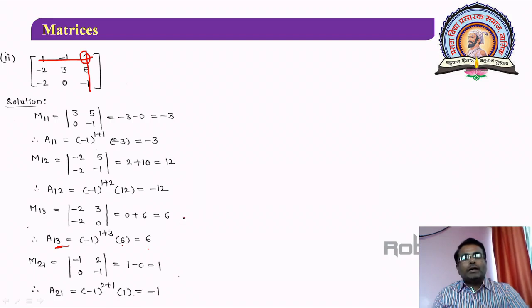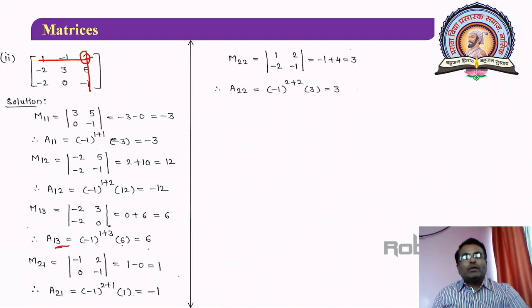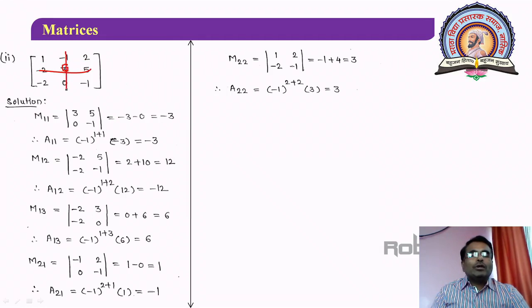You will observe that one by one. Okay, here A21 is coming, then A22 is coming. If you want to obtain A22, that is the minor of this element, delete this row and this column. So what will you get? 1, 2, minus 2, minus 1 here. So minus 1 plus 4, what is that? 3.